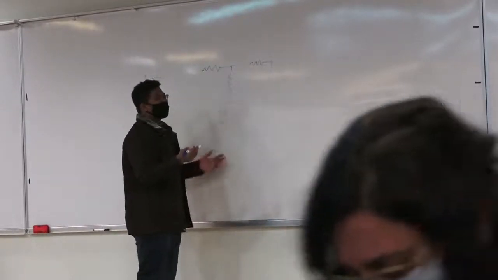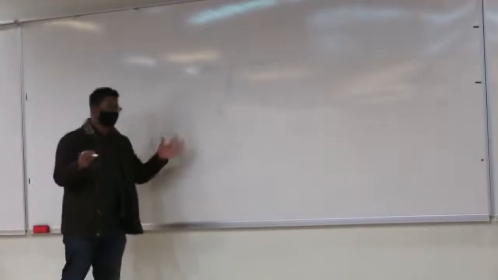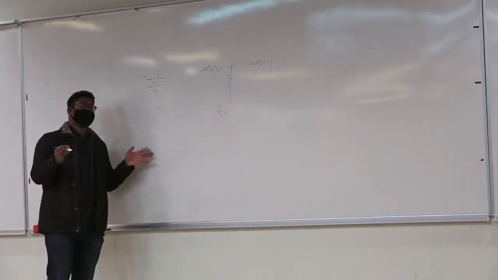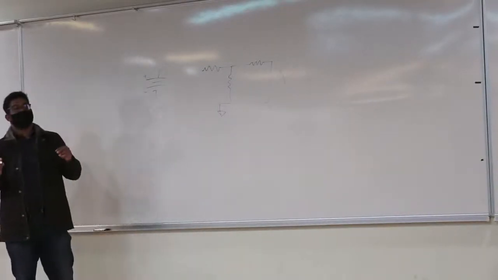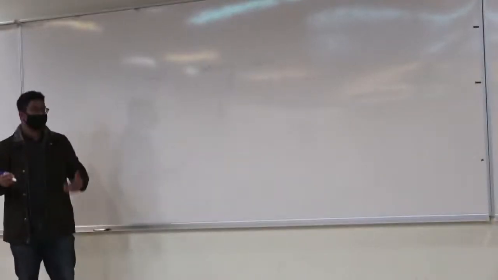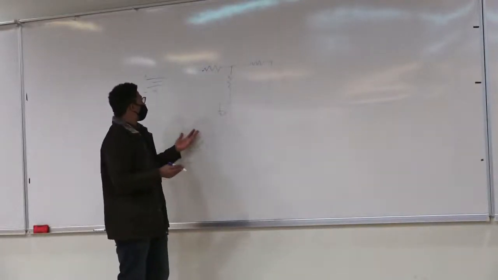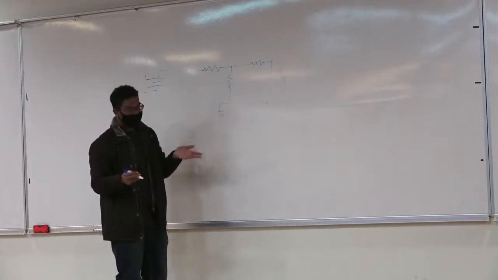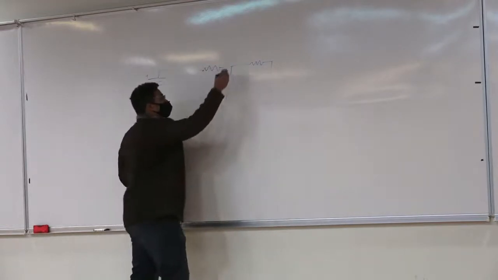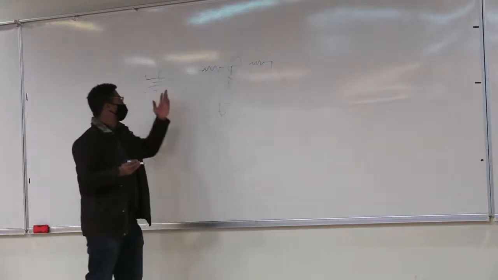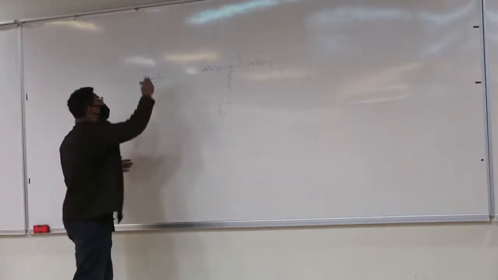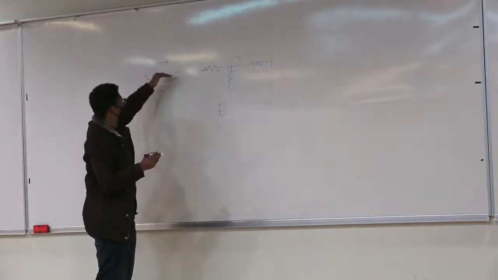So the node is a region in the circuit itself that is somewhat defined by its position relative to other components. So in this simple circuit consisting of 3 resistors, right now their values don't matter. This is a node. Why? Because in the path of current, when current is flowing through this initial wire, it hits this resistor.